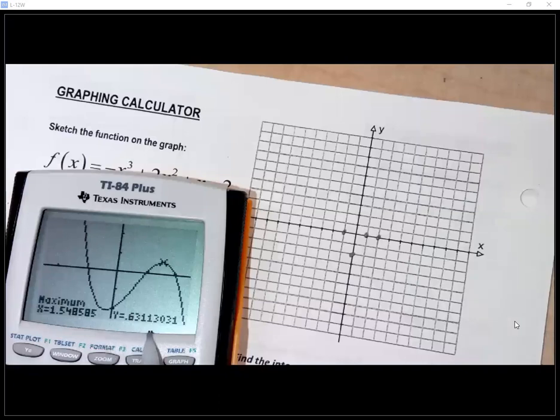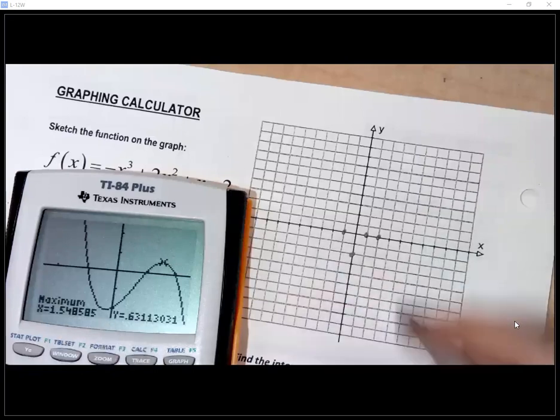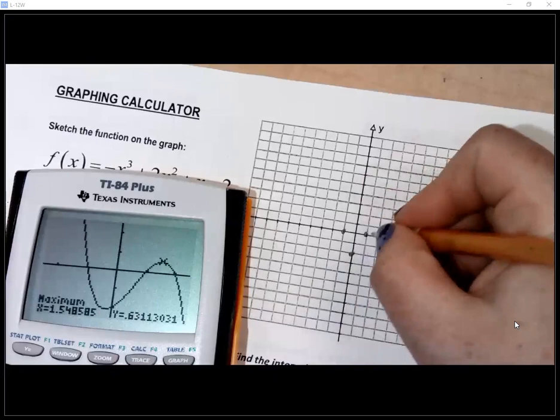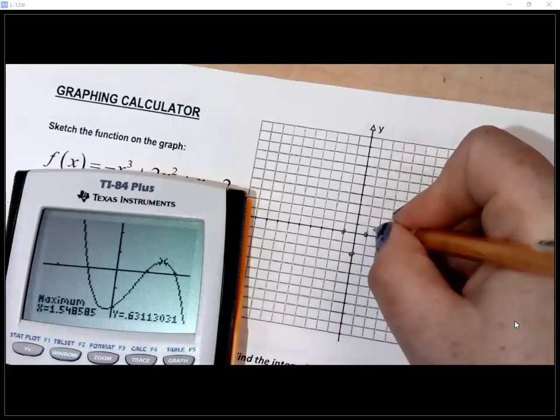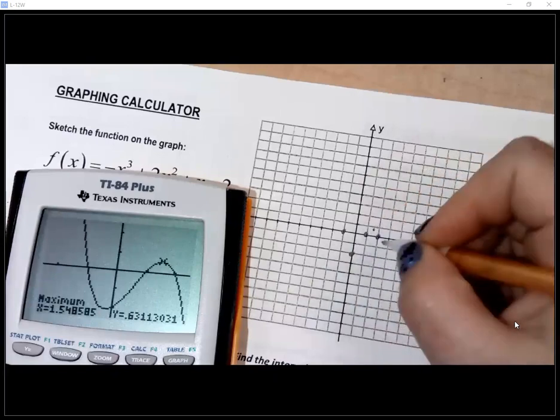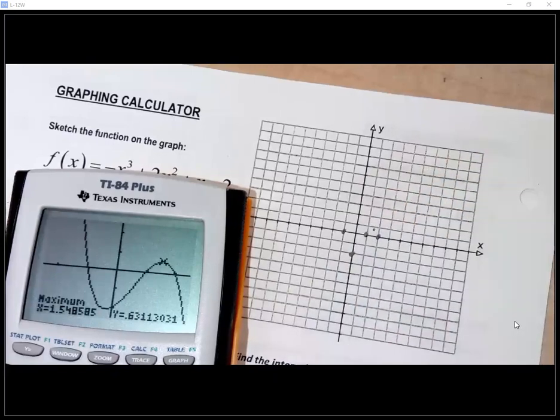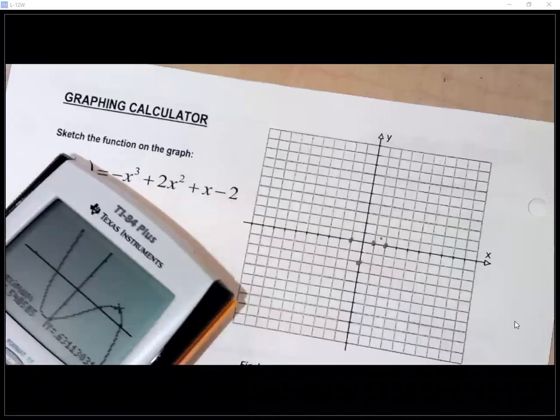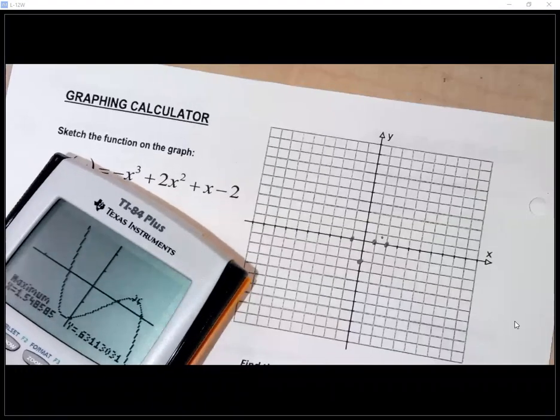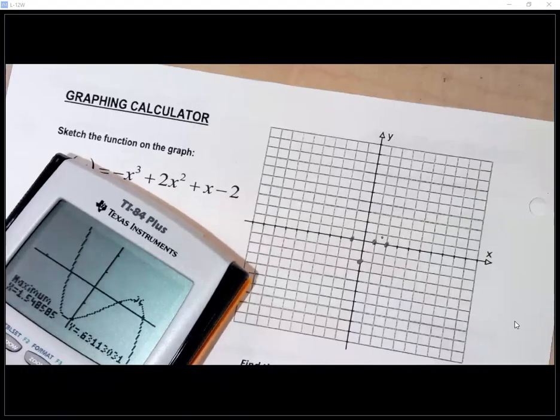So yeah, I'd never be able to find this exactly. I couldn't get this precise, right? So look at my calculator, did it for me. So at 1.5, 0.63. So let's jot that down as a relative max. 1.5, 0.63.